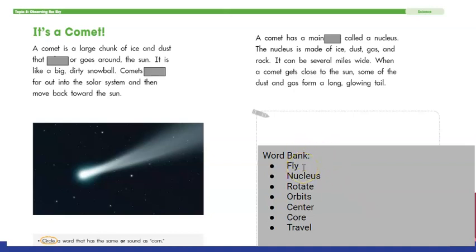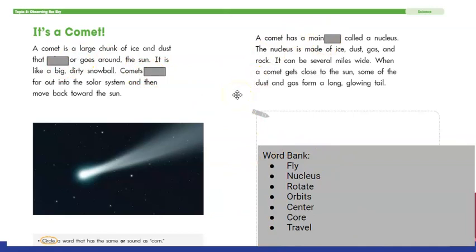So we have the word fly, nucleus, rotate, orbits, center, core, and travel. So those will be the words in your word bank to help you figure out these missing spots.